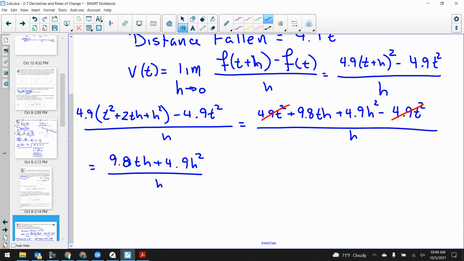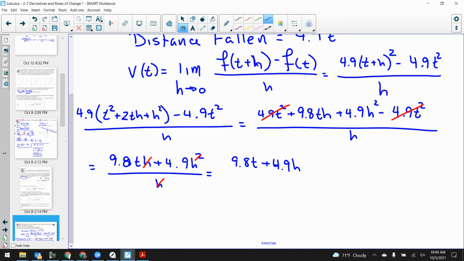Ooh. Can I factor out my h? Yeah, both of those numerator terms have an h. So this turns into 9.8t plus 4.9, just a single h, and that's a cancel here, here, and here. So what did I do there? I removed all of my h in the denominator, right?